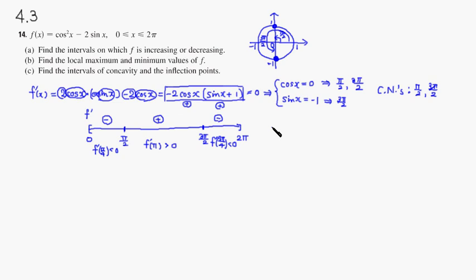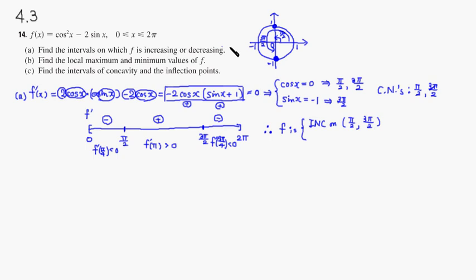All right, so therefore we can answer part A. So f is increasing on the interval between pi over 2 to 3 pi over 2.